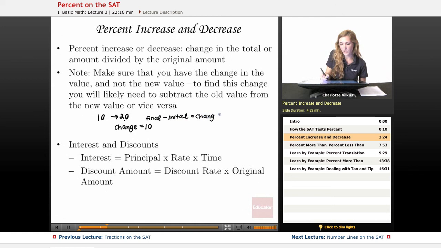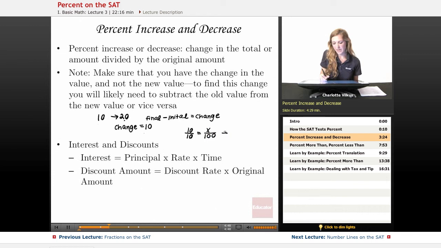And then if I want to look at percent increase or decrease, I can put the change over the total, so 10 over 10, to find out the percent increase. And I would basically just set this equal to X percent over 100.